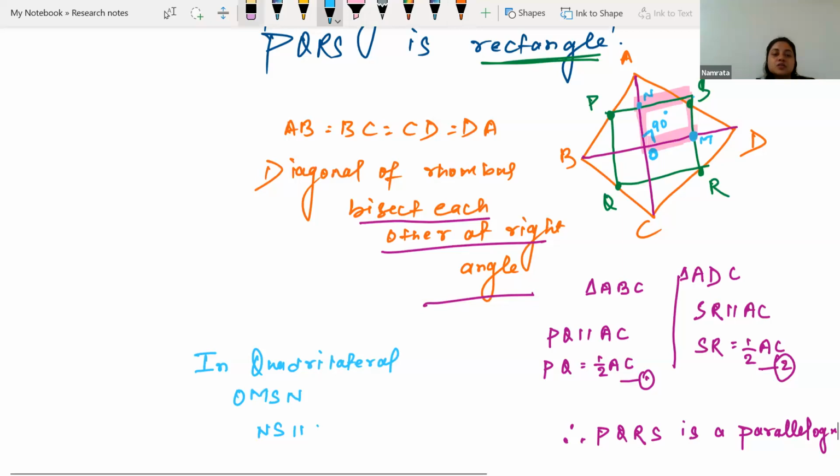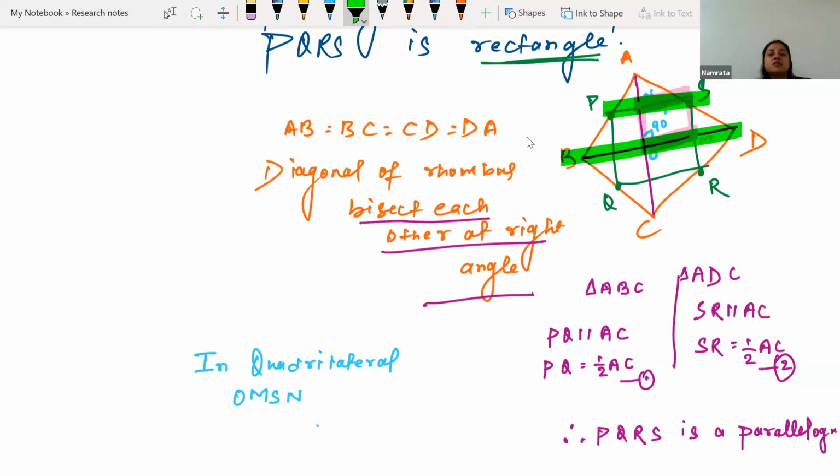First thing first, we know that PS and BD are parallel. How? By midpoint theorem. We know that it is making a triangle, and the line joining two midpoints will be parallel to the third side. So PS and BD are parallel, that we already know.